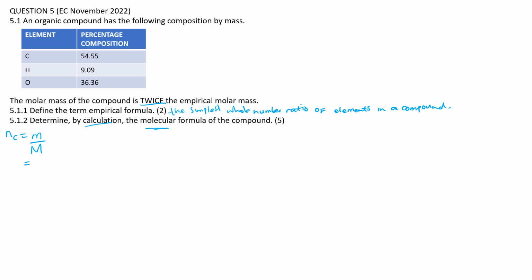Let us do that quickly with a calculator. That is 54.55 divided by 12, which is 4.55.